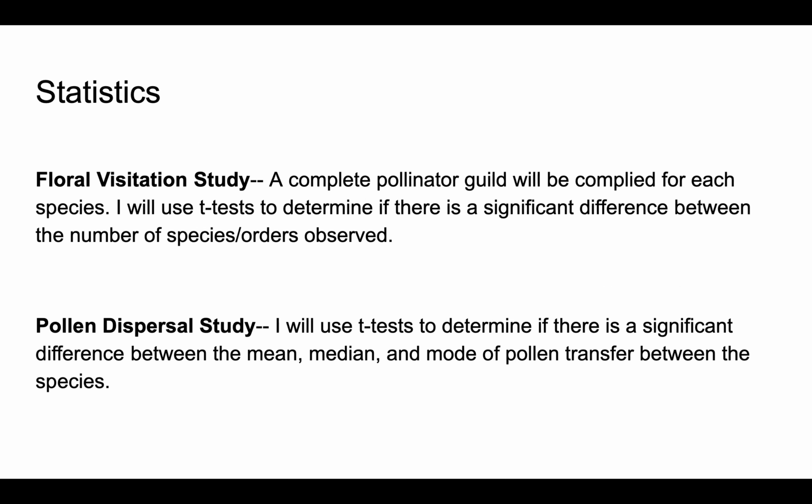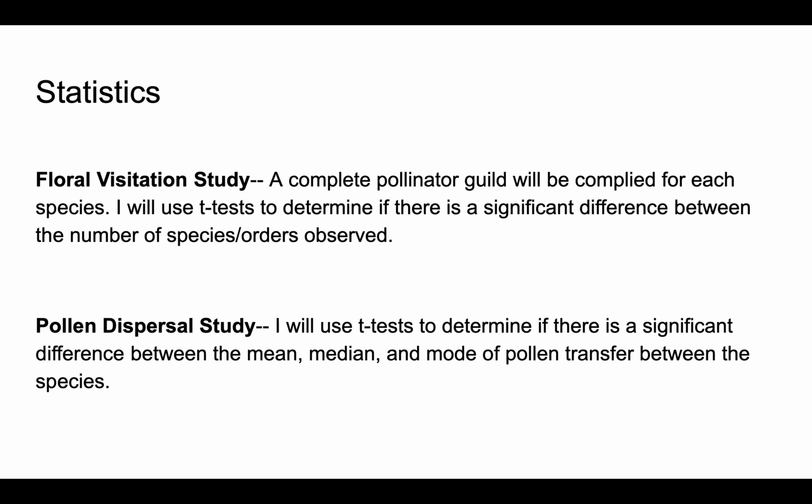Almost done here, so I'm moving right along. The statistics I'm going to use are going to be t-tests, which for the floral visitation study, I'm going to use to determine if there is a significant difference between the number of species or the orders observed. And for the pollen dispersal study, I'm going to use t-tests to determine if there's a difference between the mean, median, and mode of pollen transfer between the species.